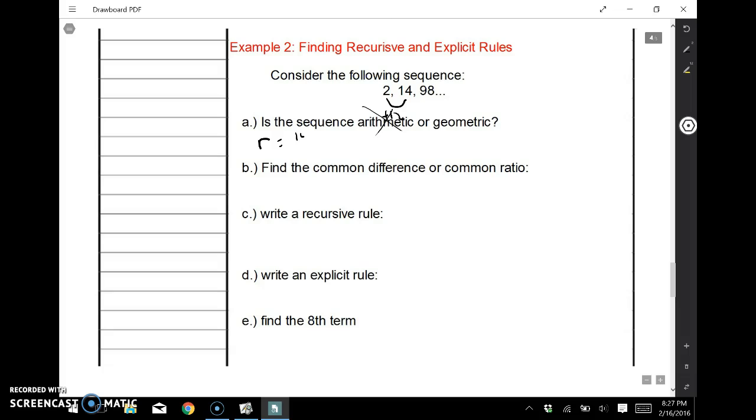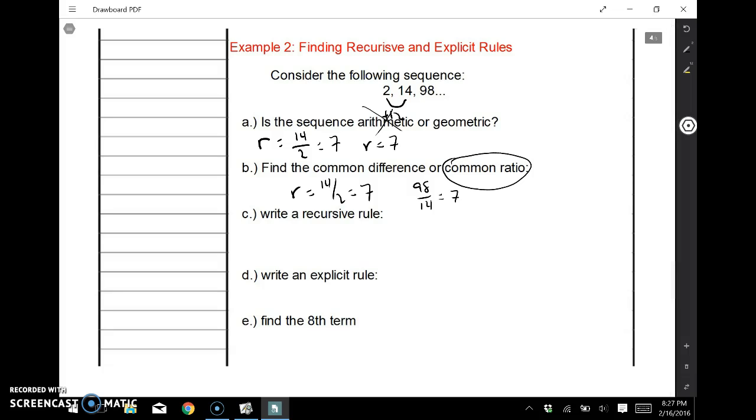So I'm going to go 14 divided by 2, which is 7. So r is equal to 7, which is actually my next question. I'm going to find the common ratio. r is equal to 14 halves equals 7. You could do it the other way too. 98 divided by 14 should also equal 7.